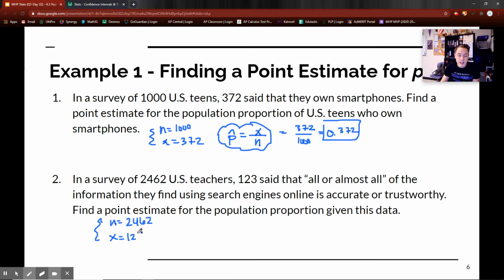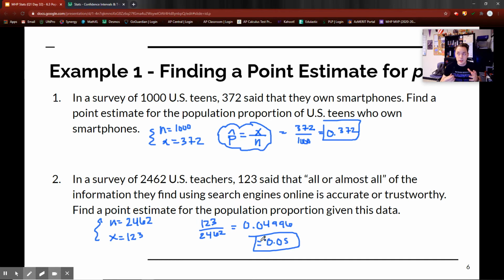The data that I'm looking at is 123. So I take 123 divided by 2,462. And this gives me roughly 0.0499, so it's about 5%. You can just say 0.05. So this is basically your point estimate for the population parameter.